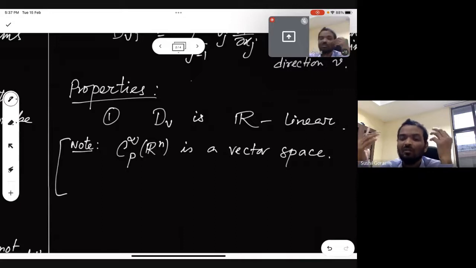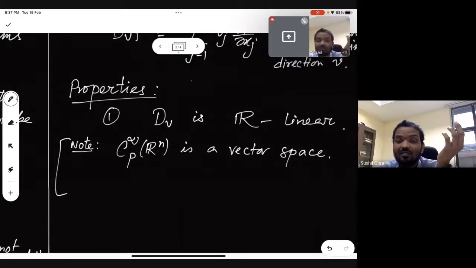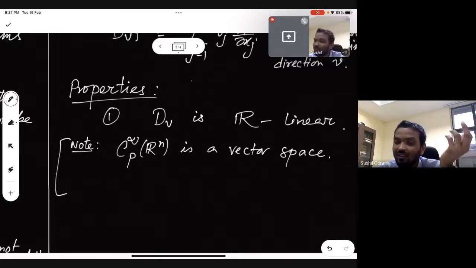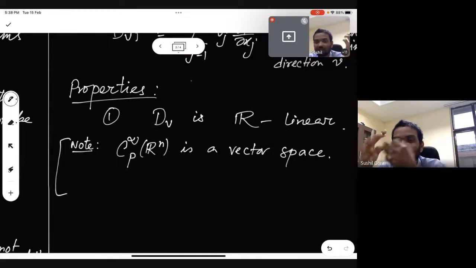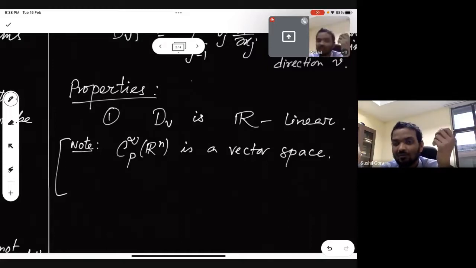So what you should be thinking about, germs of a function is nothing but a function defined on an arbitrary neighborhood of the point P. The germs will be the same for functions which are equal in one neighborhood.